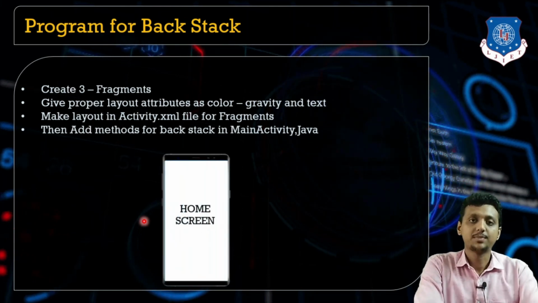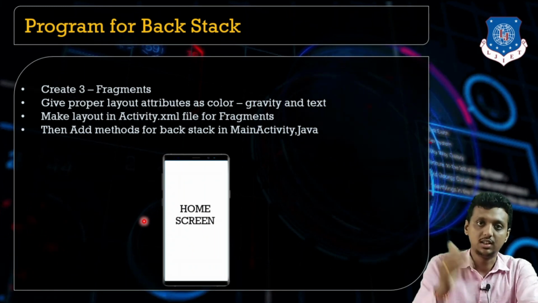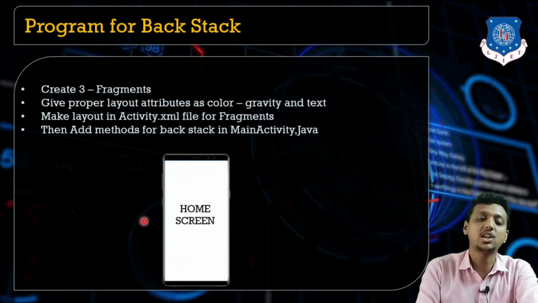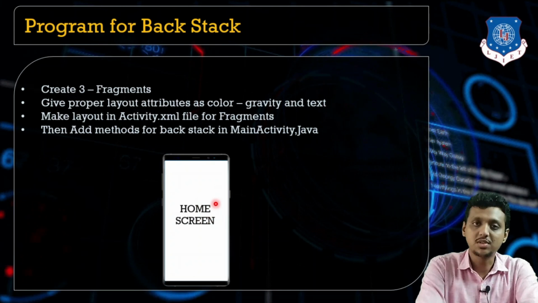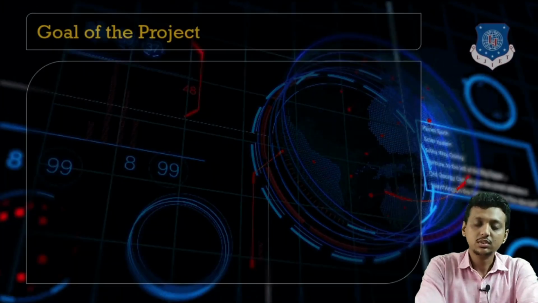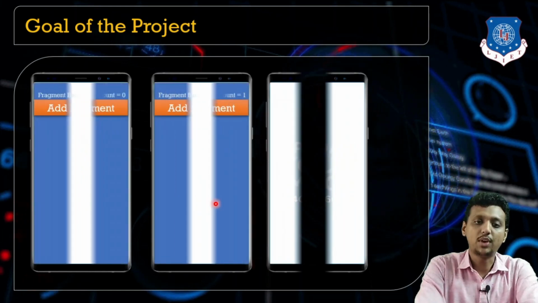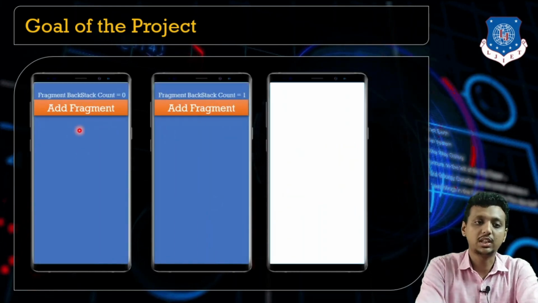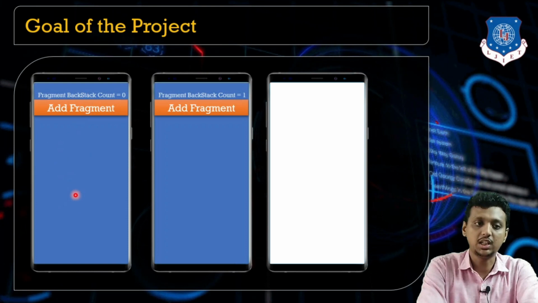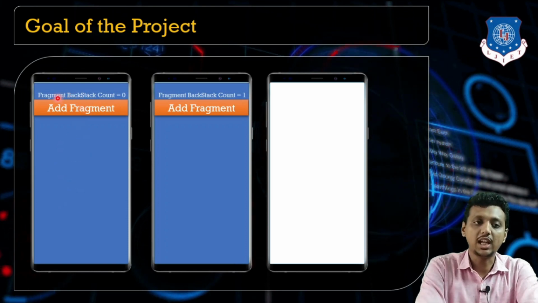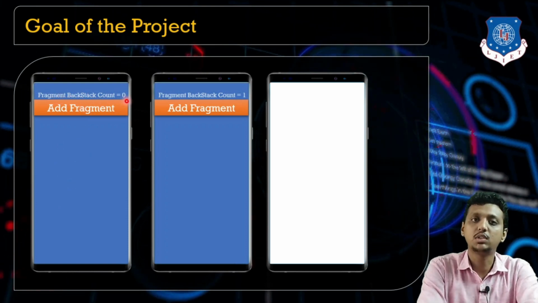So what are we going to build in this live practical session? First is a home screen. When you click on the application, you may first find this type of screen. That means this is the activity. Above the activity, we get the fragment backstack count equal to 0.